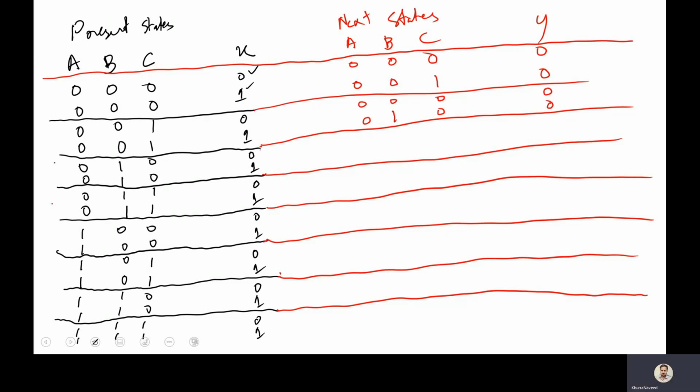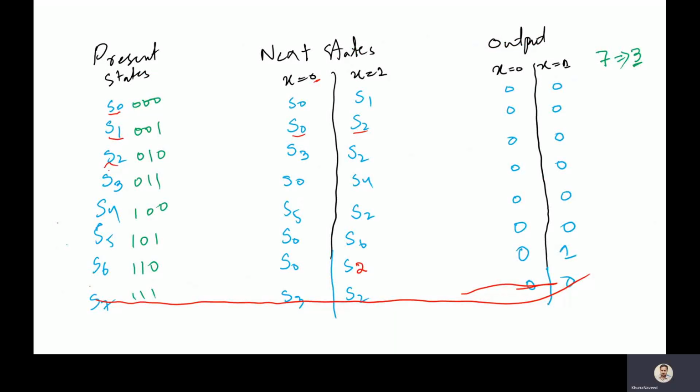And now, let's go back to the state table. In case of S2, for input 0 the next state is S3, and for input 1, next state is S2.